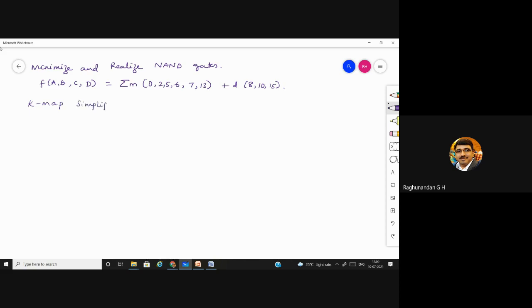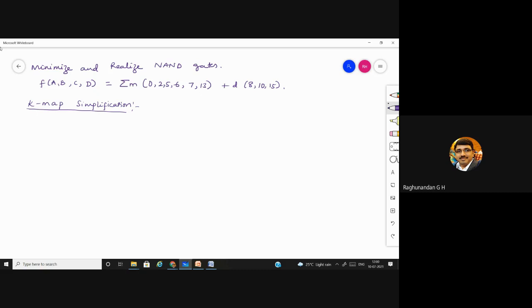Okay, the Karnaugh map simplification you study in detail in your third semester. As of now, we'll discuss how we can apply this method to the given problem, and try to understand whatever is required.